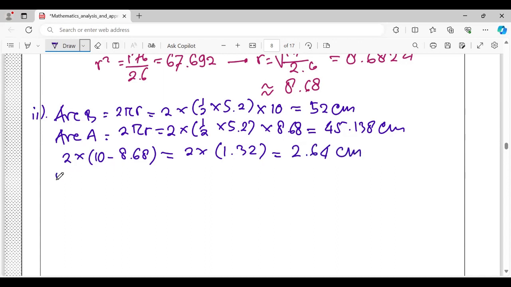So perimeter equals 52 plus 45.138 plus 2.64.